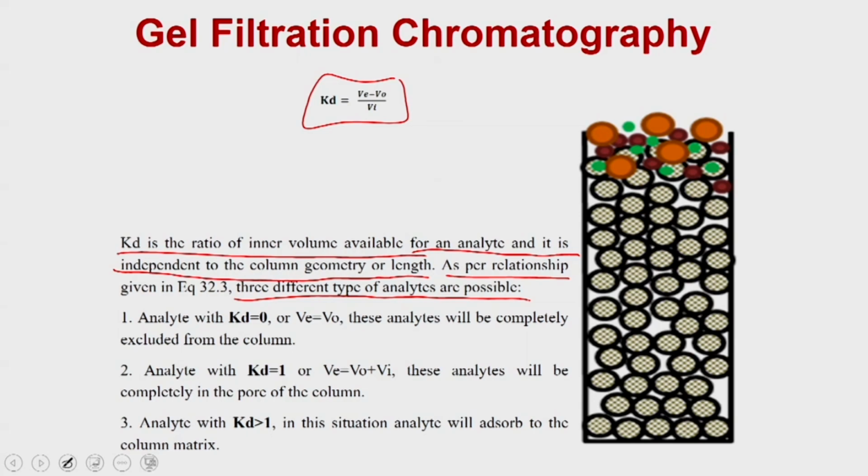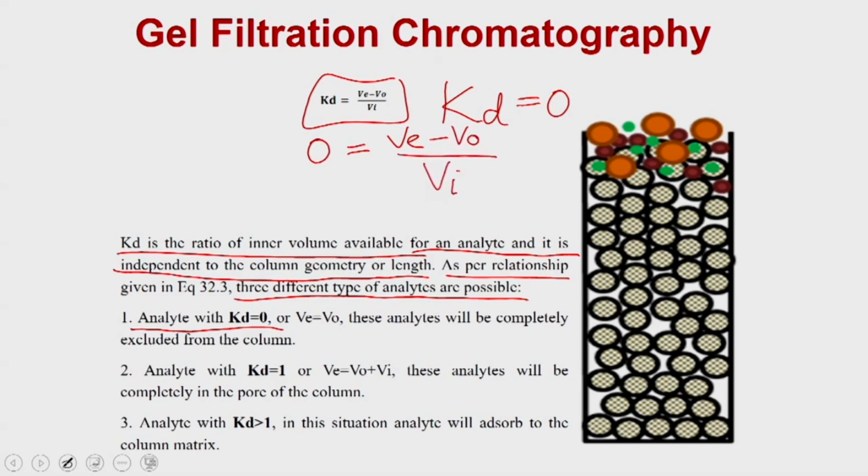Now, imagine that you have an analyte which has Kd equivalent to 0. If Kd is 0, then Kd is (Ve minus Vo) divided by Vi.